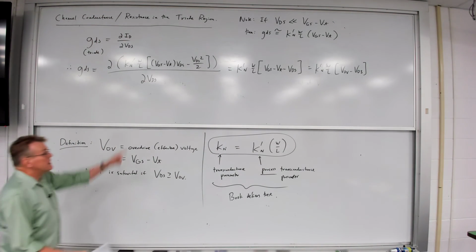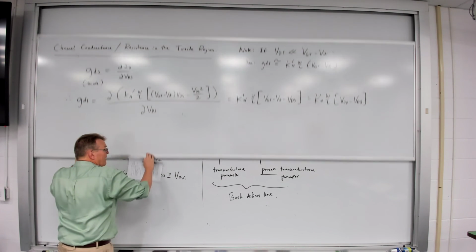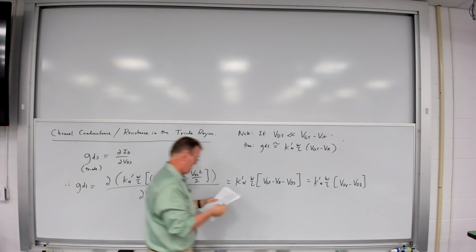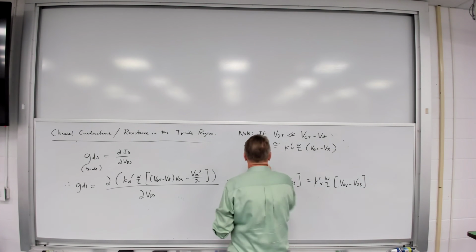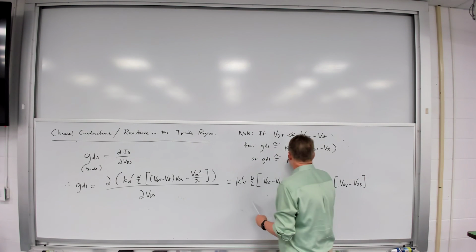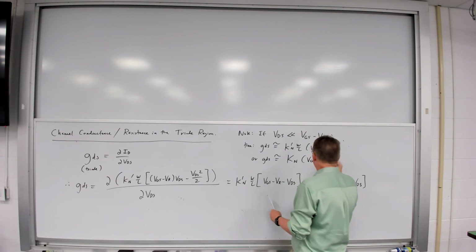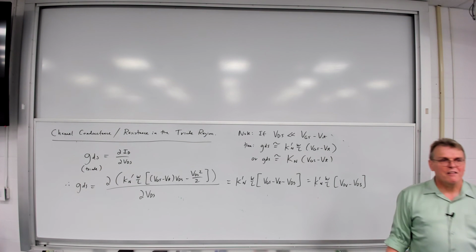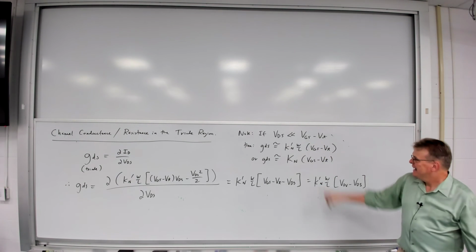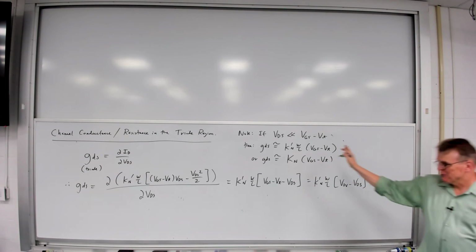All right, so given this definition, I can rewrite this just using the transconductance parameter defined in the book without the prime. And then the W over L just gets incorporated into it. So you'll see that equation in the book.